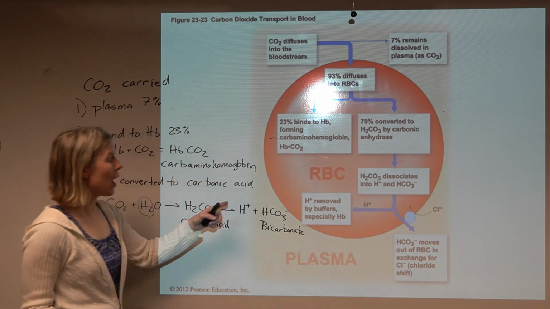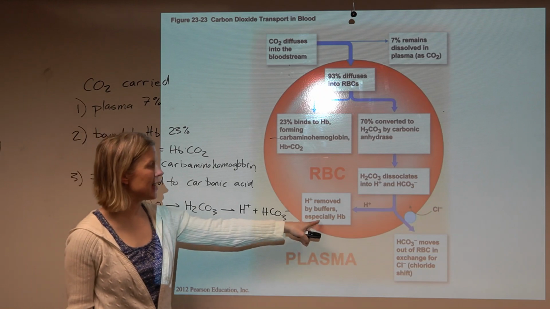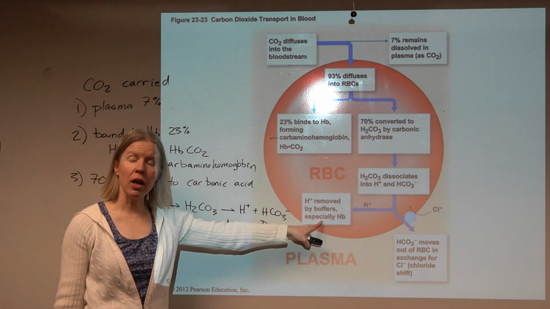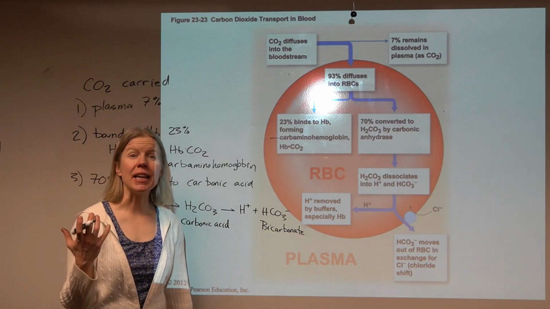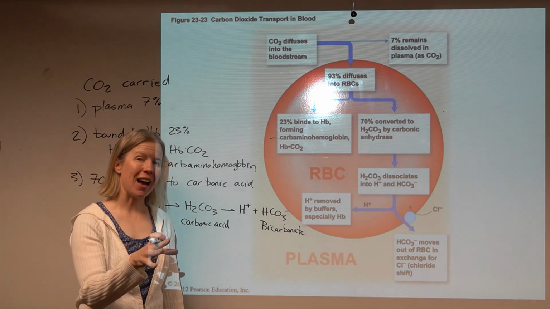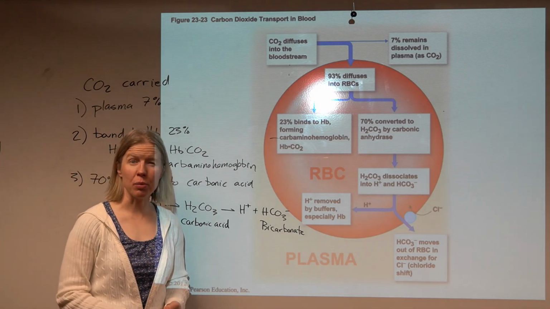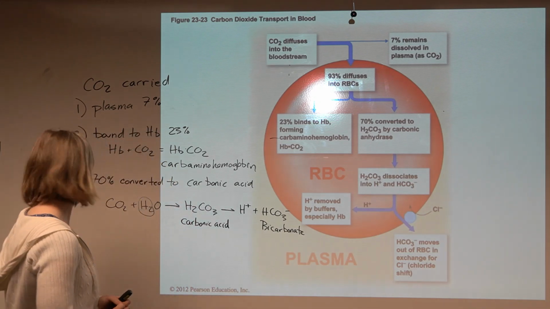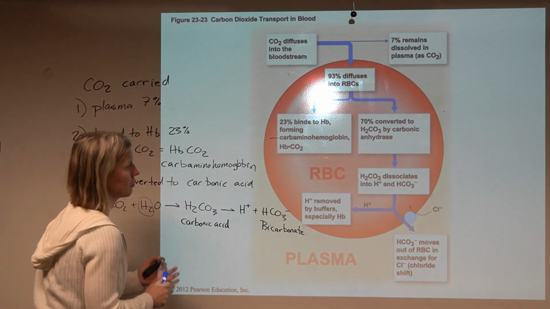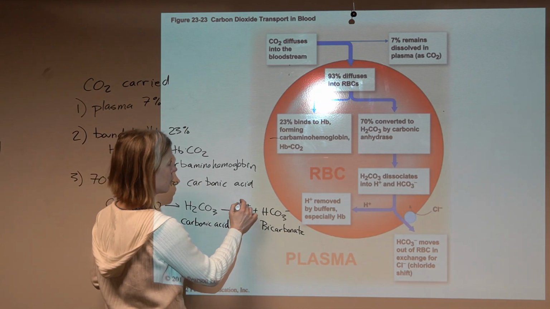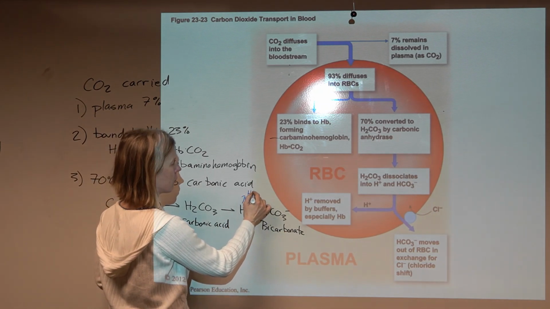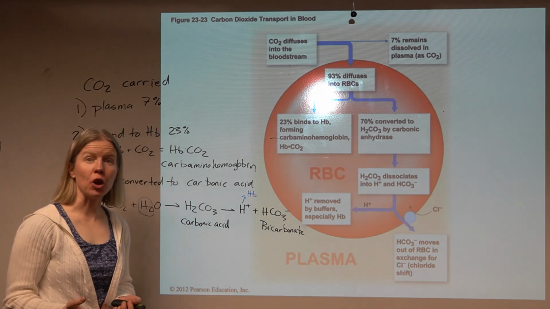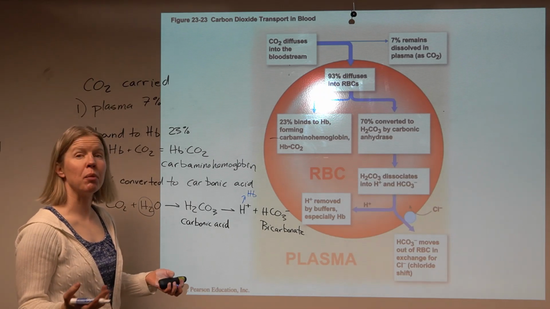Now, the hydrogen stays inside of the red blood cell and actually often binds to hemoglobin. If the hydrogen went out of the cell, we would be changing the pH of the blood really rapidly, and so we don't want to do that. So the hydrogen is going to bind to hemoglobin. Hemoglobin then is a nice buffer.